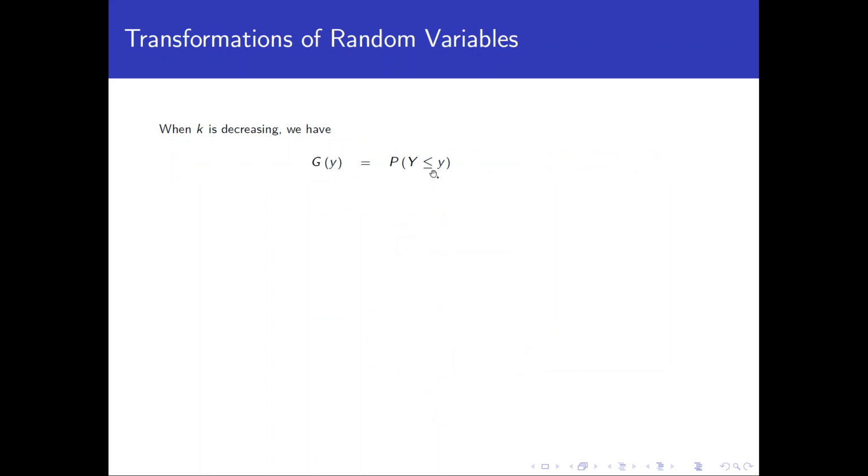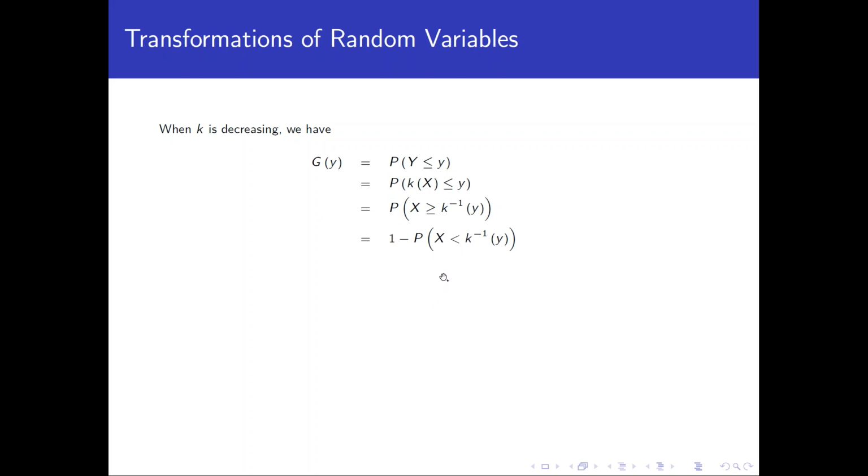Let's do the case where it's decreasing. Same idea, write down the definition of the distribution function, plug in the function of x. Now since k is decreasing, when we apply k inverse to both sides, it does flip the inequality. To get this into the form of the distribution function for x, we need to do 1 minus the probability, right?